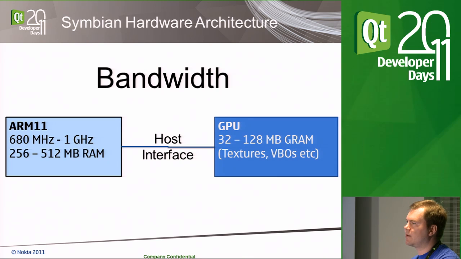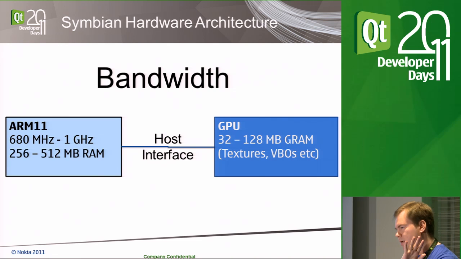So this means that in your application startup, you should always just upload all the textures to your GPU and not make too many updates during your rendering. And also you should use vertex buffer objects, because then the VBOs will be located in the GPU and you don't consume the precious bandwidth between these two chips.